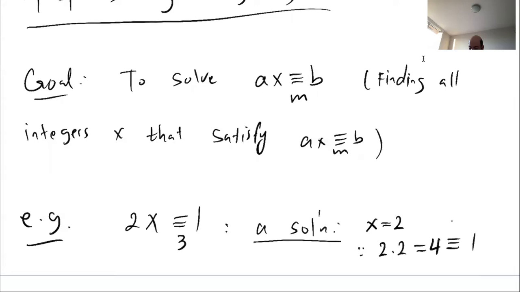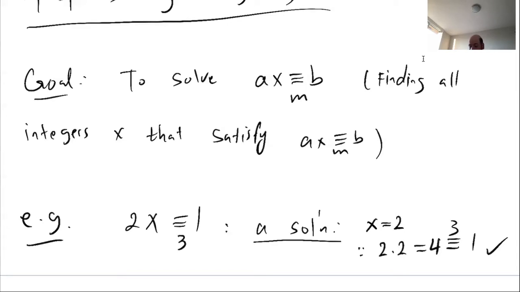Which is 1 mod 3, because 3 divides 4 minus 1. Do you remember the definition of congruence? If we say A is congruent B mod M, it means M divides the difference between A and B. So here, 4 is 1 mod 3 because 3 divides 4 minus 1. Okay, so we at least found one solution, which is x equals 2.